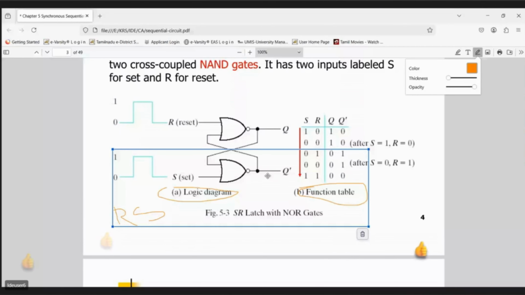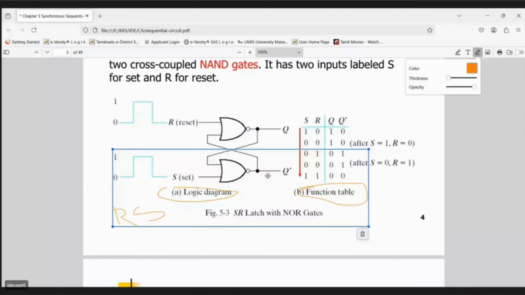Or RS with NAND gate, set and reset. RS means set and reset. S means set and R means reset. So draw the diagram.